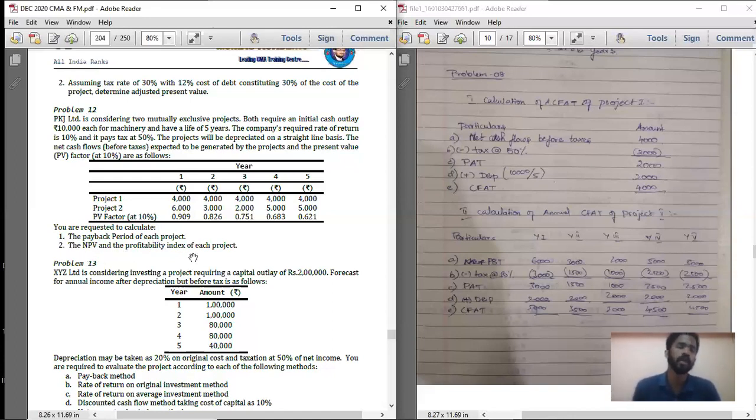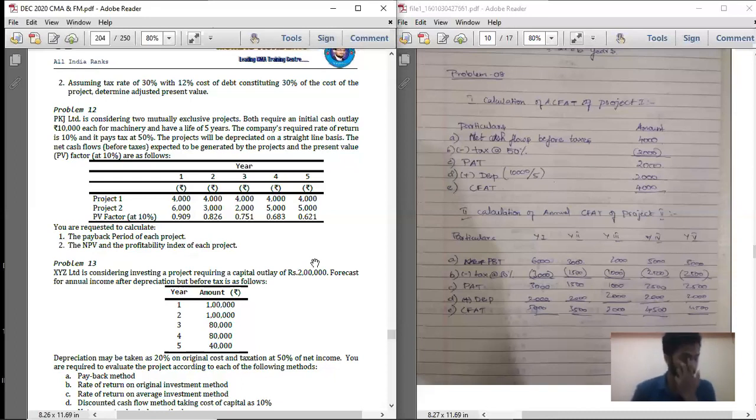How will you calculate NPV? You calculate CFAT, multiply CFAT by the PV factor at the rate of 10% to get the present value of cash inflow, and from that, if you deduct the present value of cash outflow, you will get NPV. Next, they have asked for the profitability index, which is nothing but present value of cash inflow divided by present value of cash outflow. That is problem number 12.